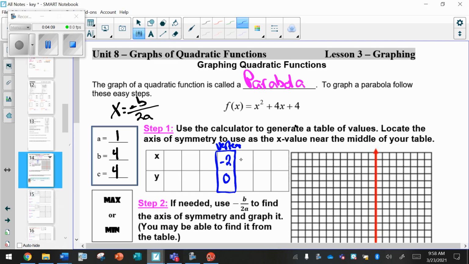So -2, counting up, -1, 0, and 1. Then I'm going to count backwards, -2, down 1 to -3, down 1 to -4, down 1 to -5. Now those values are the values I'm going to look up on my calculator.